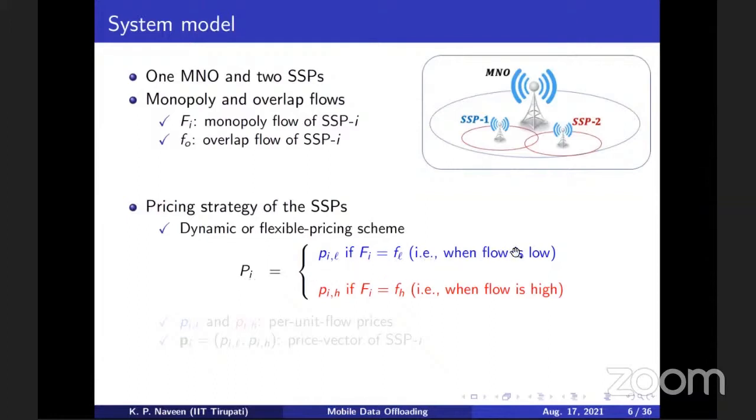When the flow is low, this is the price announced by the SSP, and when the flow is high, this is the price announced by the SSP. These are the prices charged to the MNO for offloading per unit flow of traffic. It will become clear when I talk about the utility functions shortly. I'll call this the price vector of SSP i. Essentially, this is going to be the action of each SSP: P1 and P2.